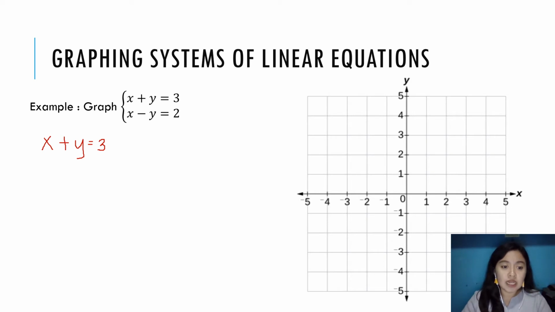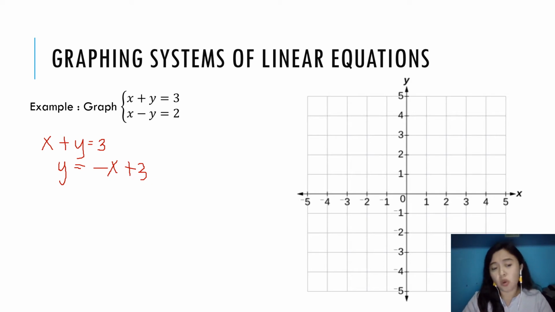So, what's left here is y. So, y is equal to, since we moved x from a positive sign, it becomes negative. So, y is equal to negative x, then copy 3, plus 3. This is now the slope-intercept form of the equation x plus y is equal to 3.